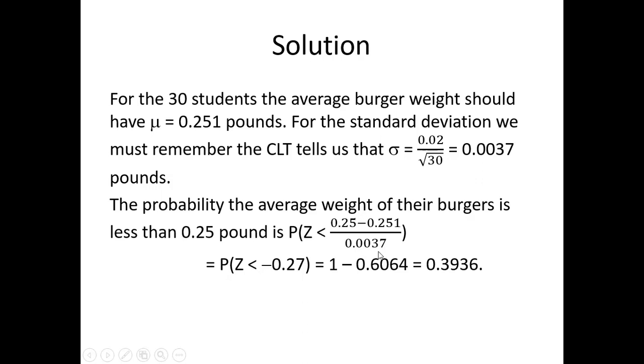When we simplify this fraction, we should get the probability z is less than negative 0.27. And using our table, we have to sort of look at 1 minus the probability z is less than positive 0.27. So we get 1 minus 0.6064, which gives us 0.3936.